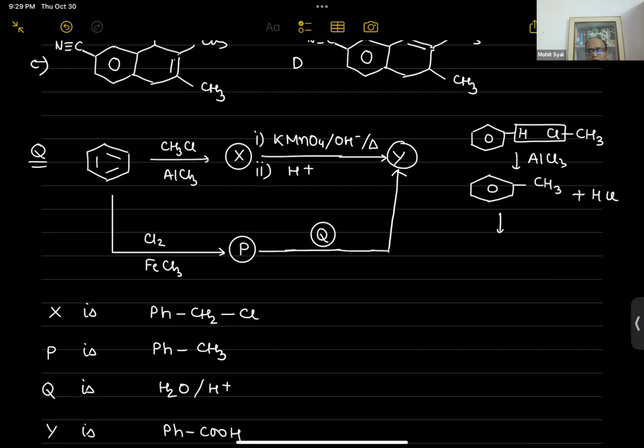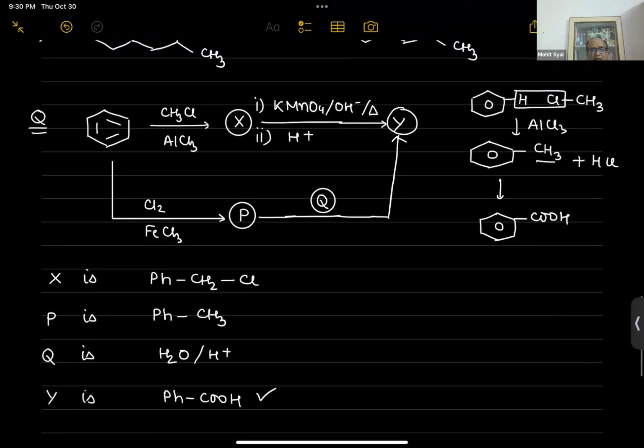And the second step is the oxidation. All the alkyl side chains get oxidized to COOH. So that Y is benzoic acid, this is correct.